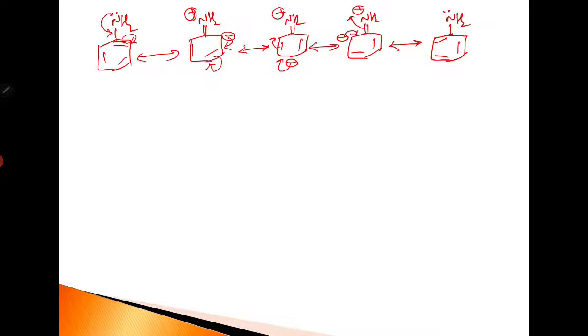In this way, the electrons present on the nitrogen atom of aromatic amines are not localized, they are delocalized with the benzene ring. And if you observe the resonance structures of aniline, we have electron density more at this position and this position.